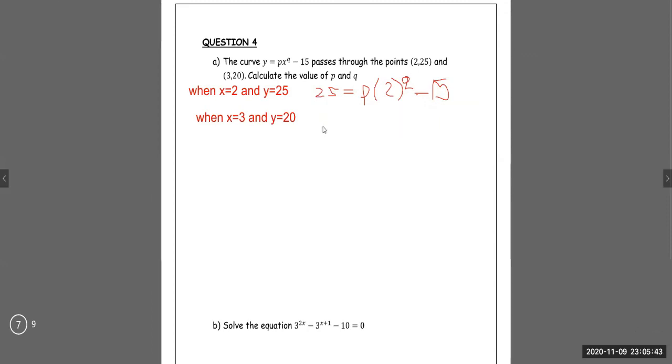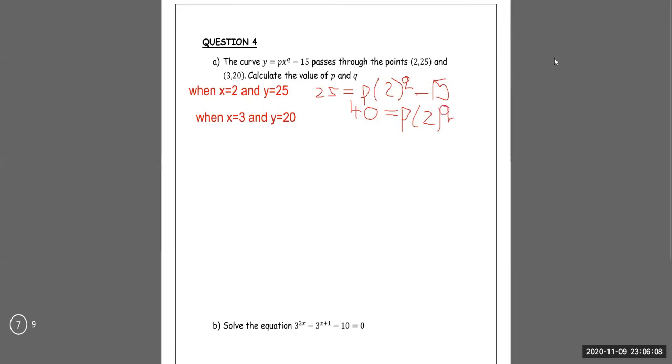We're going to divide them eventually, but let's simplify this equation first. So bring over the 15 and we get 40. Add 15 to both sides to get 40 is p times 2 to the q.